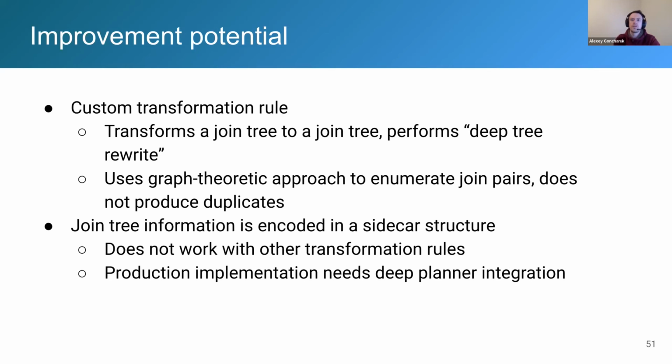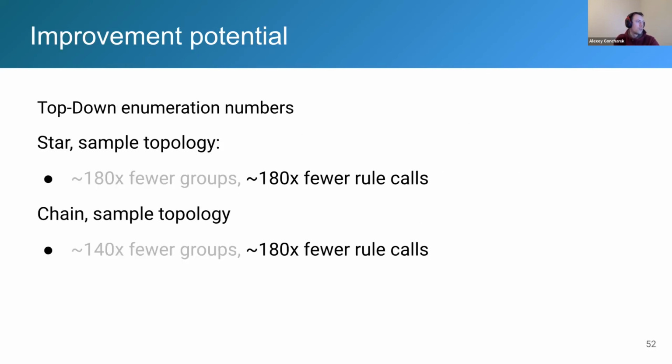So fundamentally, there are no duplicates that the rule produces. And from the practical perspective, now that we have aligned the number of rule calls with the number of produced joins, the speed up in rule execution is aligned with the speed up that we have with the reduction of the number of groups, which is quite huge.